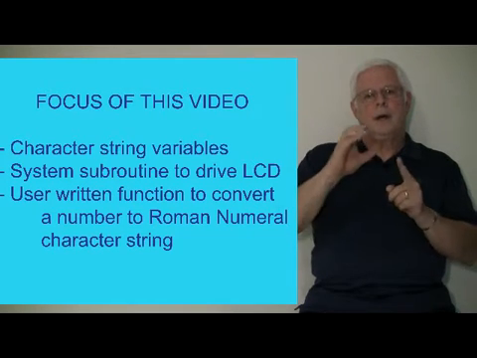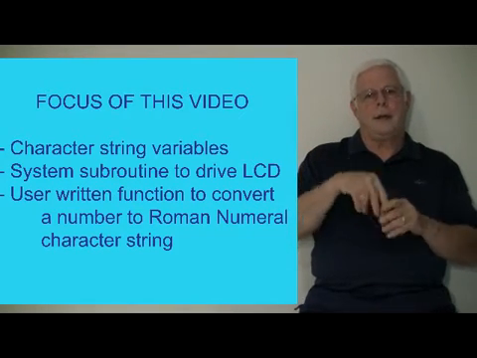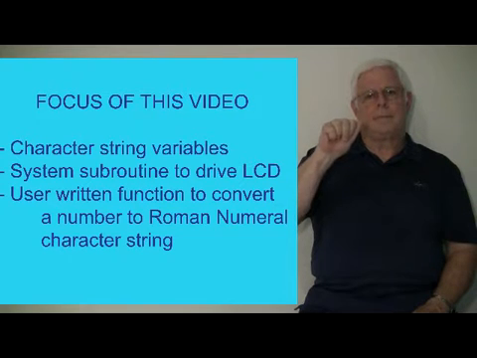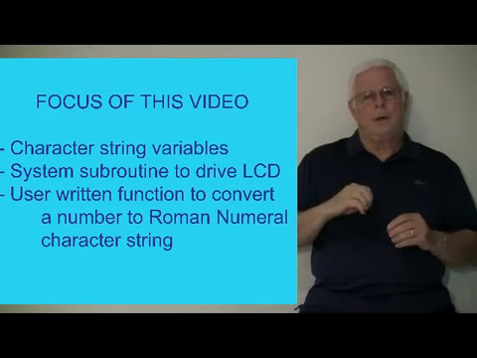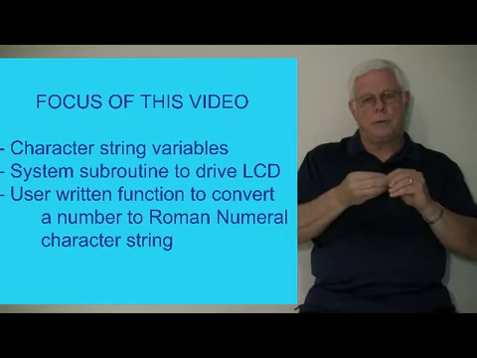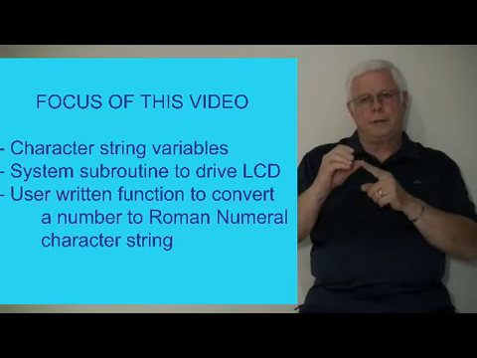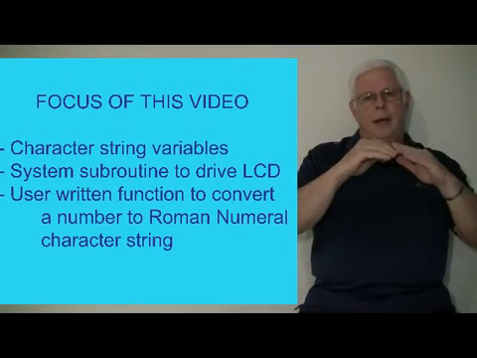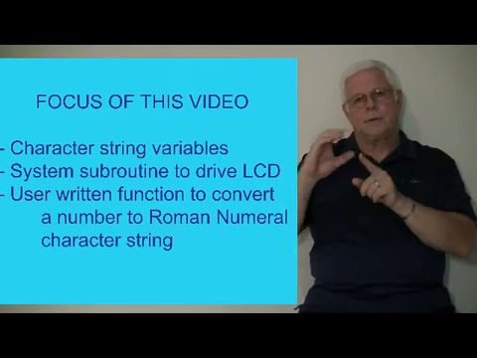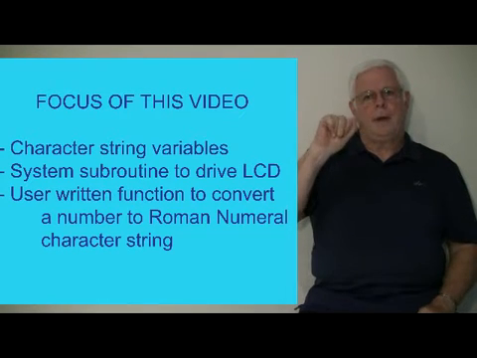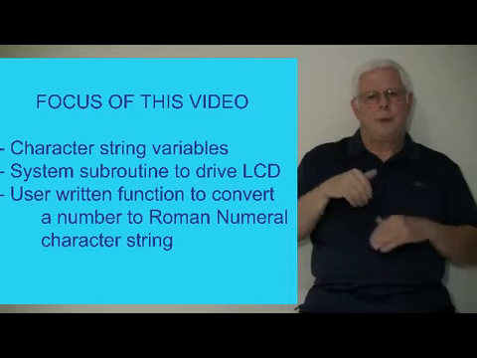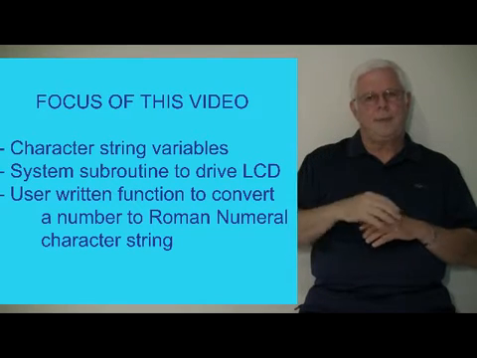We're going to be talking about 3 things. First, characters in a variable. To have Roman numerals, we need to have characters, and so we're going to be building a group of characters in a variable that we're later going to send to an LCD.